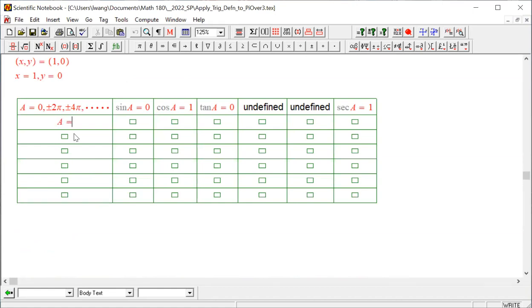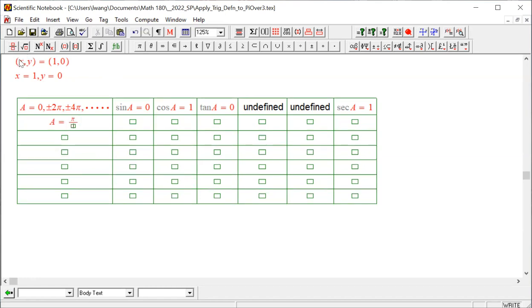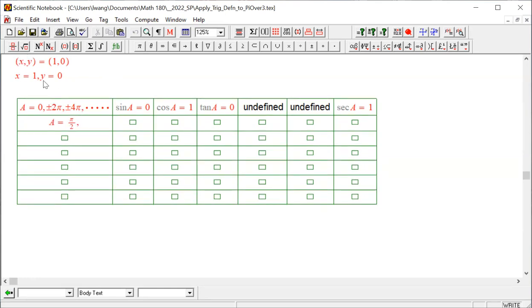So these angles could be pi over 2, but not limited to pi over 2. It could be pi over 2 plus 2 pi, it could be pi over 2 plus 4 pi, right?